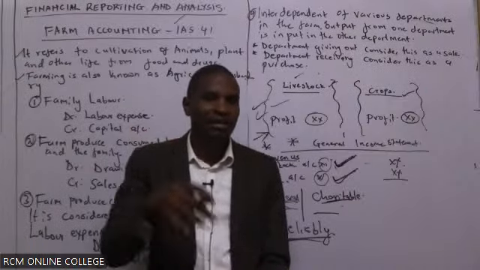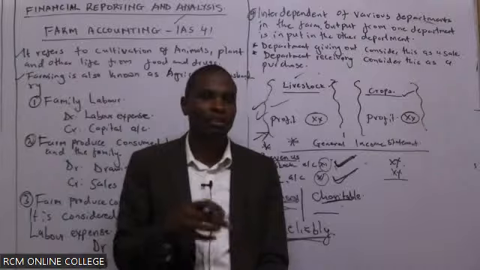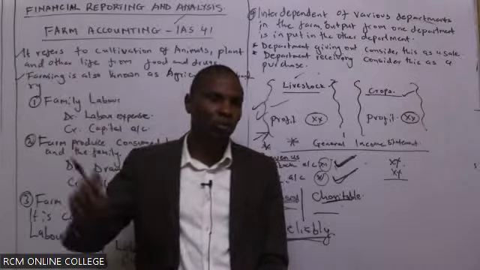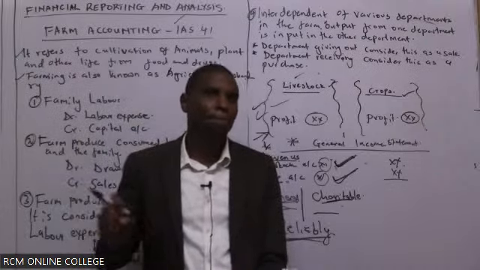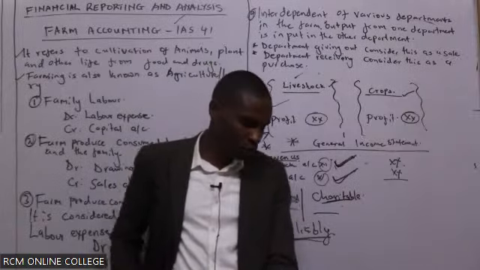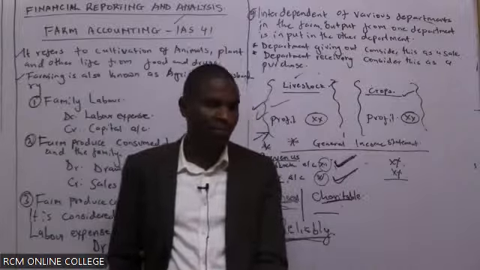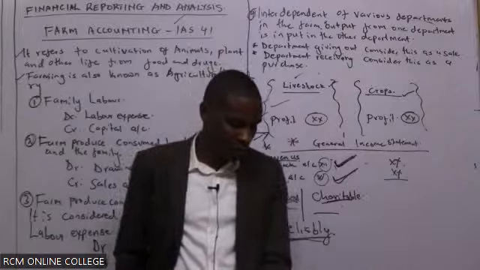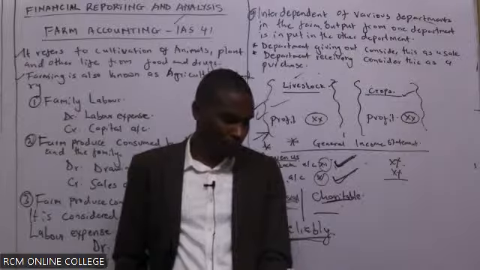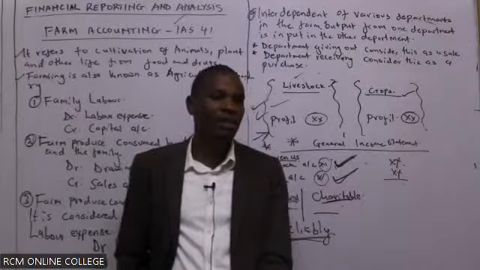On the other hand, the same item, the same value is going to be used as a drawing in the statement of financial position. Number two, labor provided by the owner or other family member. That one we treat as additional capital.